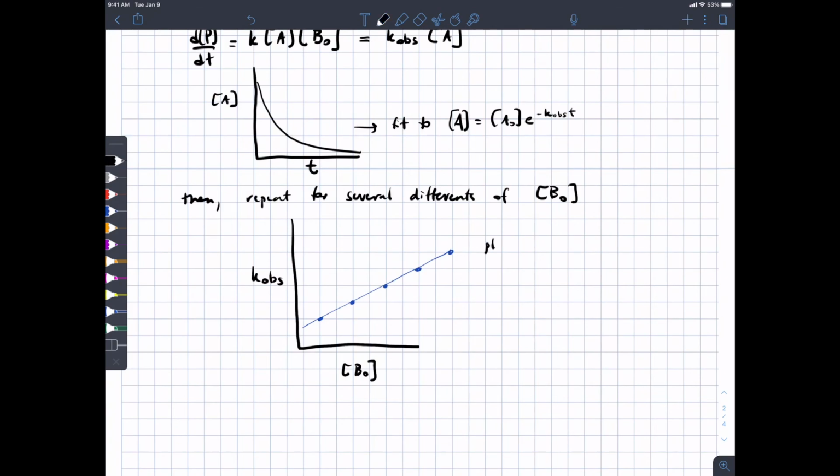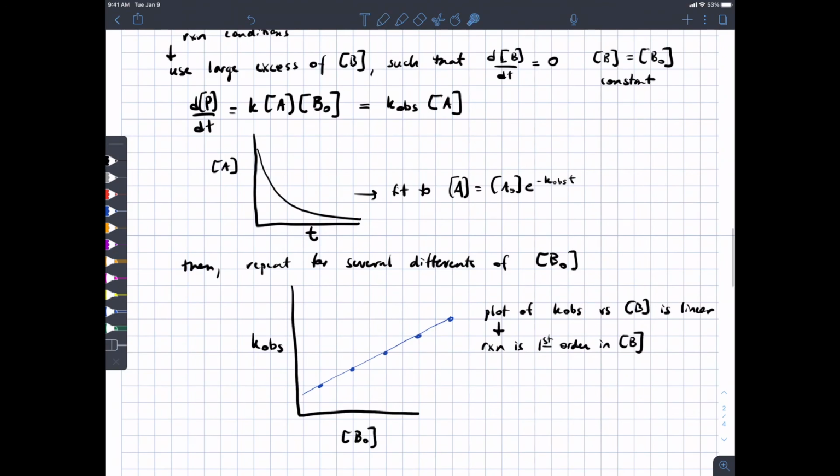If the plot of k obs versus B is linear, that means the reaction is first order in B. Okay, so backing up just a little bit, by running the reaction under pseudo first order conditions in B, we were able to determine that the reaction is, because it fit this rate law, first order in A.